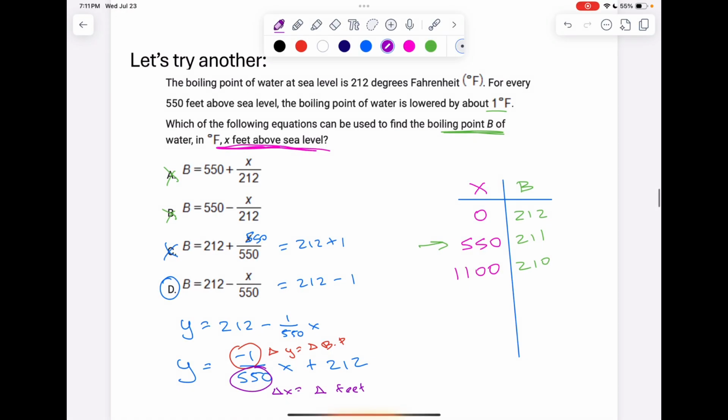So we can see the boiling point goes down 1 every time our feet above sea level goes up 550. So this is definitely something that reflects the situation that we're looking at here. And again, that just means swapping out our y for B, and our x can stay our x.